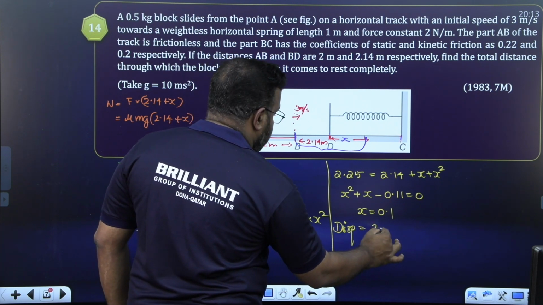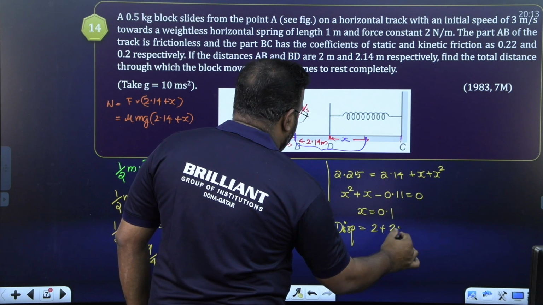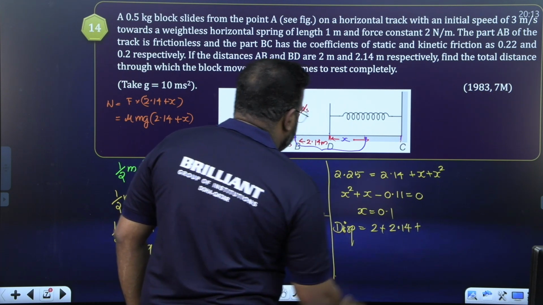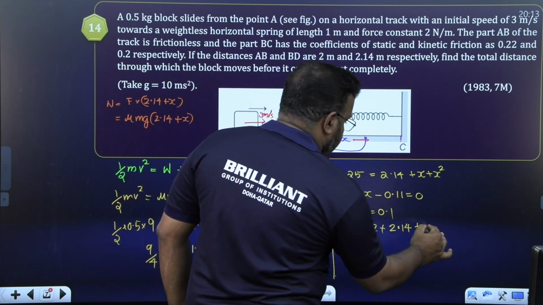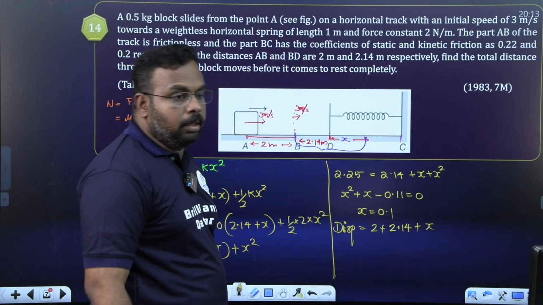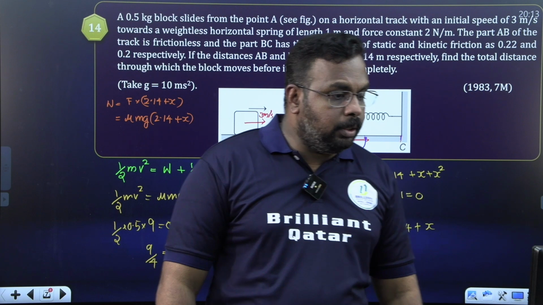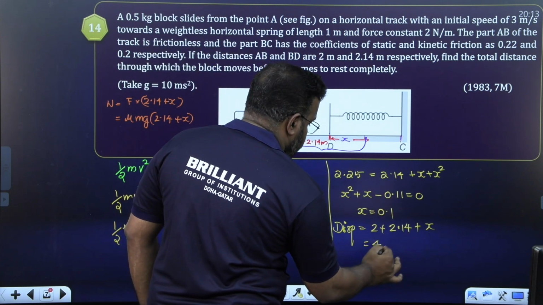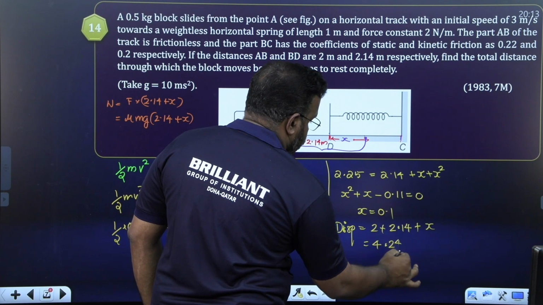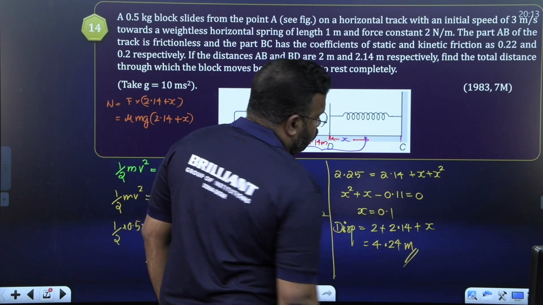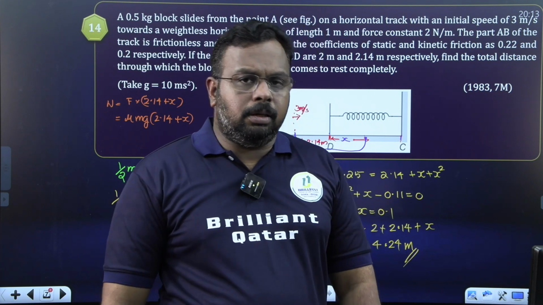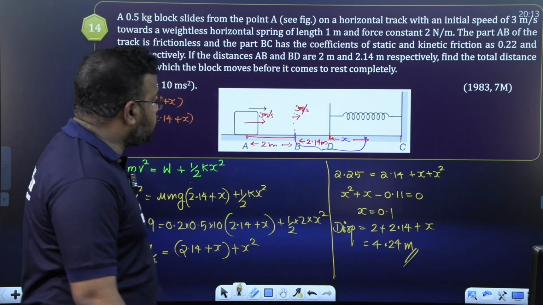will be 2 plus 2.14 plus x. Yeah, 4.24 will be the answer. Bit lengthy calculation, lengthy concept.